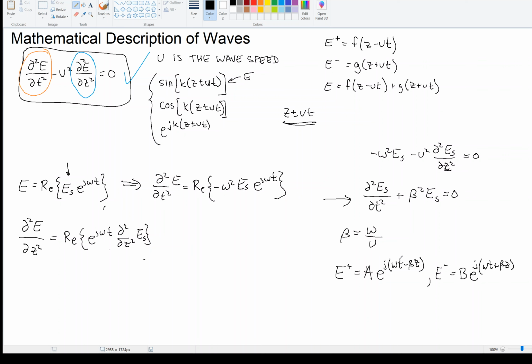And so again, you can verify that these two things solve that equation by putting them into the equation. And then also, not only do they solve the equation, but the superposition of those two solves the equation as well, right? The addition of those two. And here we're saying that, again, capital A and B are real constants.